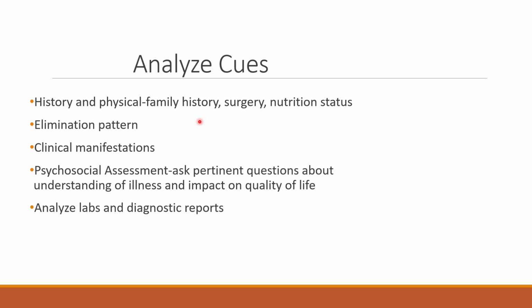How are they using the restroom? Because less common, like I said, is constipation, but we still want to ask. What are they reporting? What is their psychosocial assessment? So asking them about their impact of quality of life and their ADLs, and then assessing those labs to see if there's an underlying cause. If it's diabetic related, then we would take their blood sugar and their A1C, and then see what that EMG or electromyograph reports. Okay.